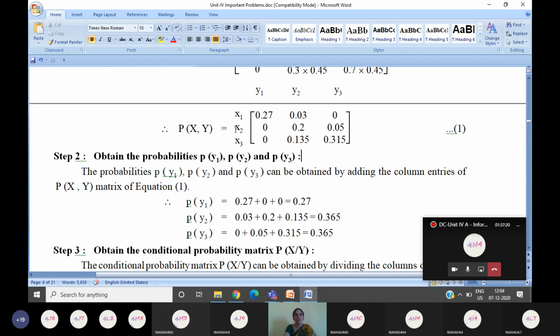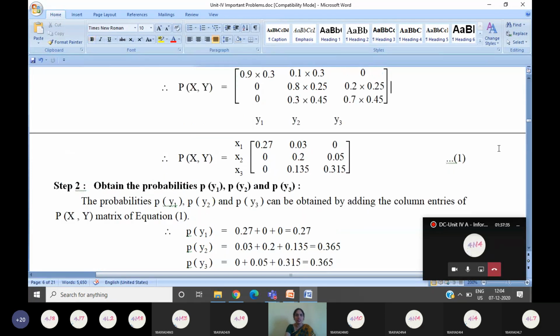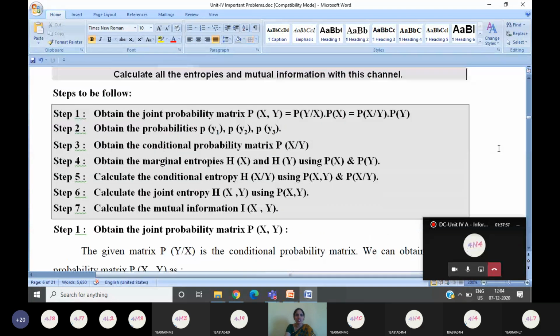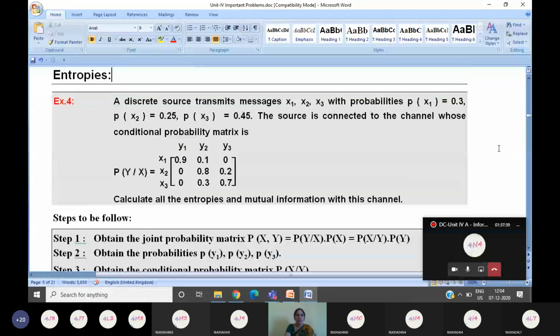So similarly, what is P of x2? You are given 0.25. Please cross verify. So 0 plus 0.2 plus 0.05, that is how much? 0.25. And x3, what is the third element of P of x? Third element it is given as 0.45.